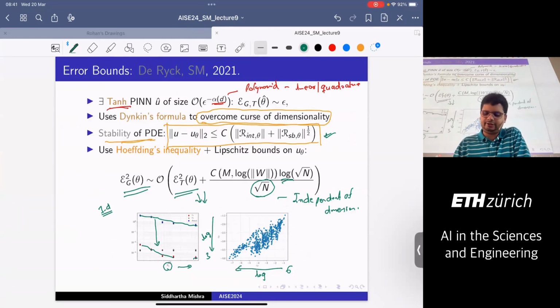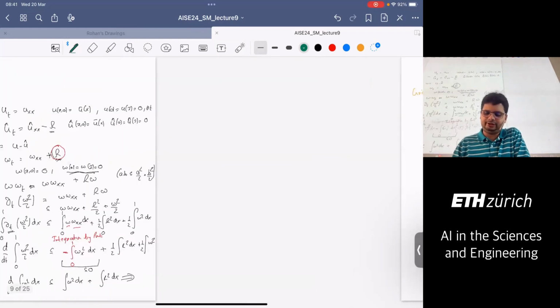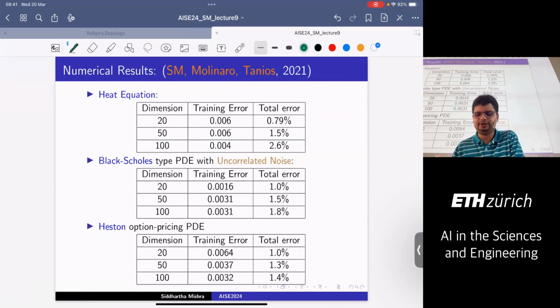But because there is no curse of dimensionality, this also allows us in practice to do computations up to, people have done now up to 1 million dimensions, but at least we could do easily up to 100 dimensions without any problems. And you can see that for the heat equation itself, the error increased as you would expect.